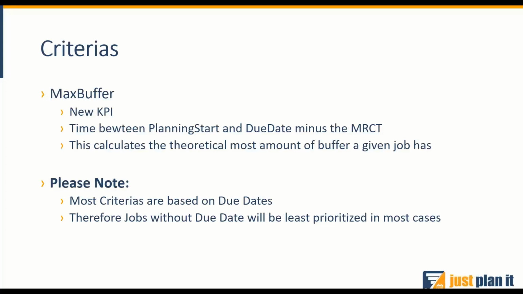So we have our time from our planning start on Mondays to our due date on Fridays. So we have a 5-day time window, and our job has a MRCT of 1. So the max buffer for this job is 4 days. We have 4 days that we can theoretically use for other things before this needs to be done.